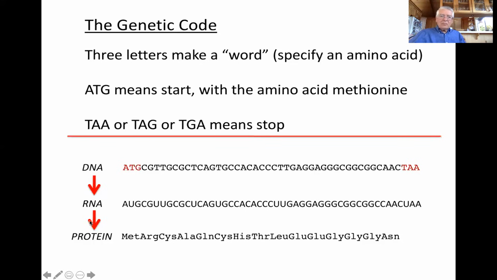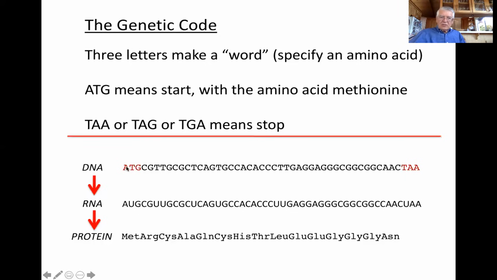But your basic situation is, here's the gene as specified in its nucleotide sequence. ATG means start, and it also means methionine. CGT is the second amino acid, and that turns out to be an arginine. And GCG turns out to be a cysteine.